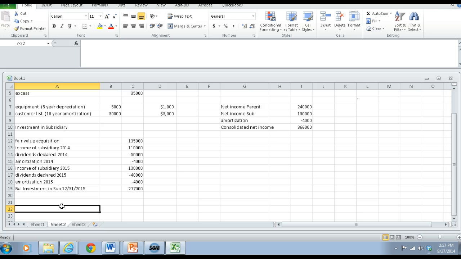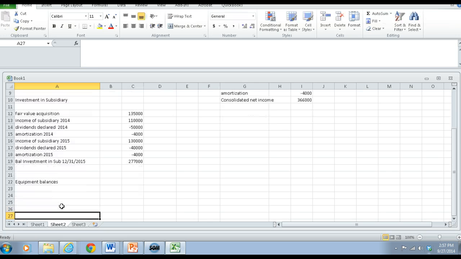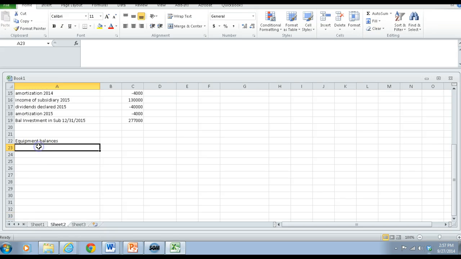So, equipment balances: parent equipment $500,000, sub equipment $300,000.